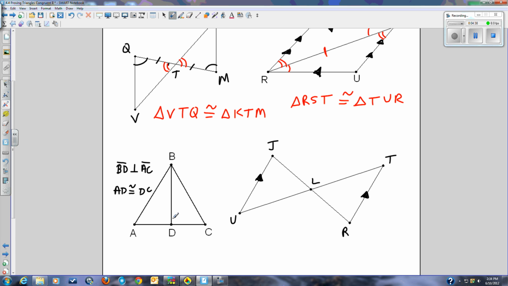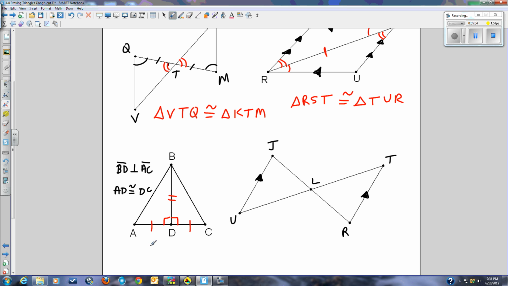We have that BD is perpendicular to AC. So if that's the case, we know that angle BDC and angle ADB are right angles. So those are congruent. And we're also given that AD is congruent to DC. We'll also notice that they share a common side.